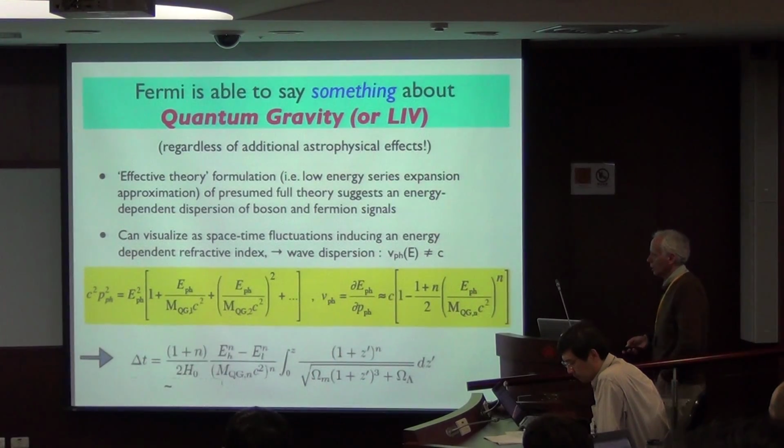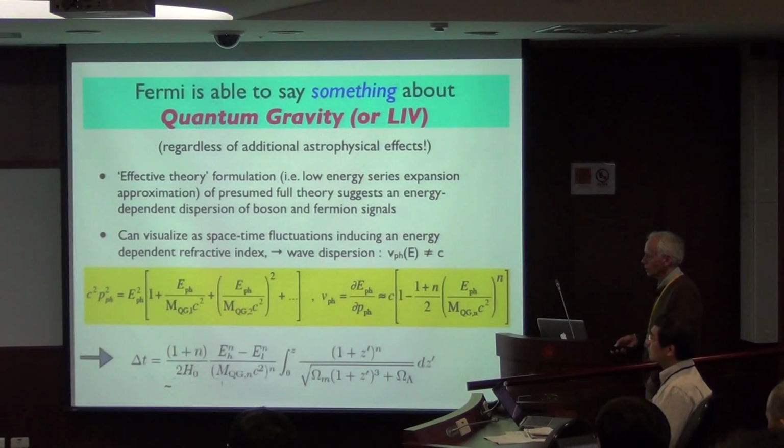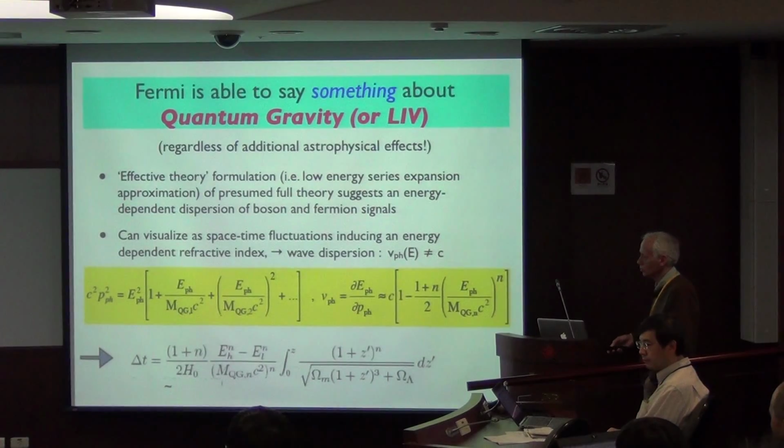And so what you have is wave dispersion, and so you can expand the normal Lorentz invariance condition, but now you have additional terms in a series expansion. If you're considering photon signals, E photon over the quantum gravity energy scale to the first power, plus E photon over the quantum gravity energy scale to the second power, plus higher order terms.